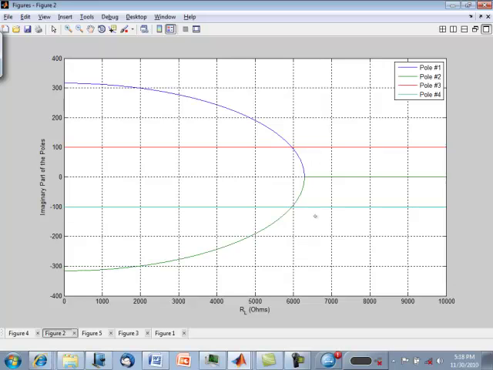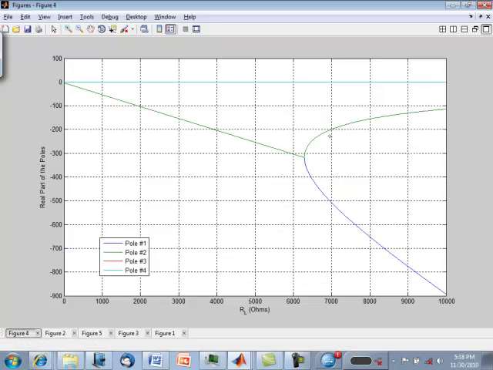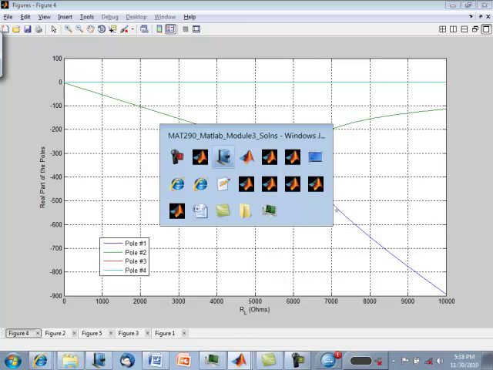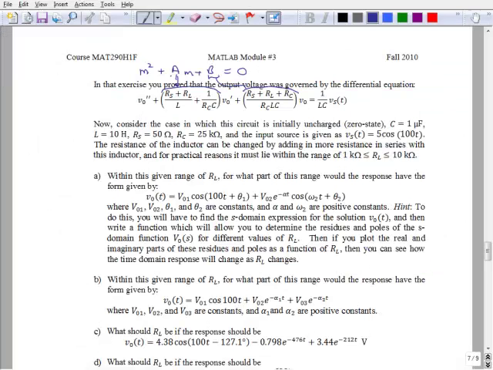So if you look at these plots, when our RL is less than this value, which turns out to be about 6,290, and you can see this by just zooming in, below that we'll get these two cosines.